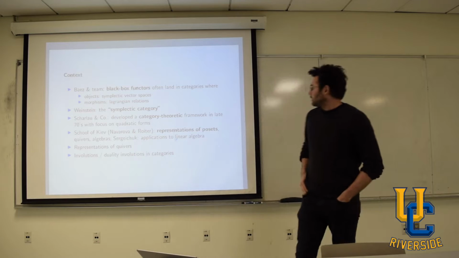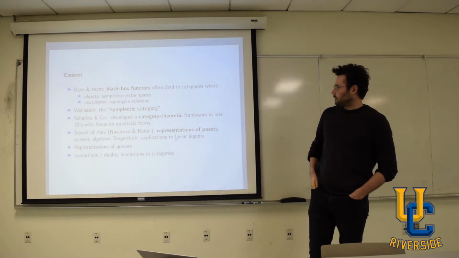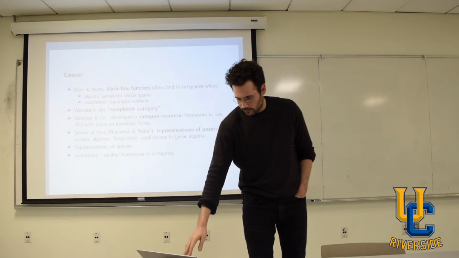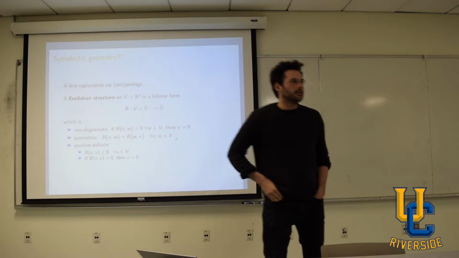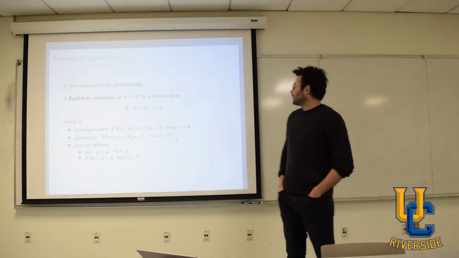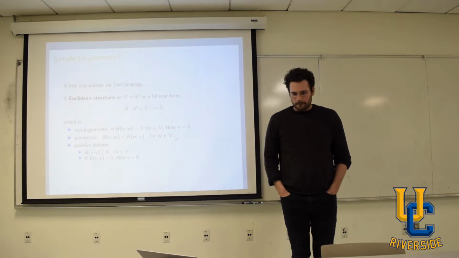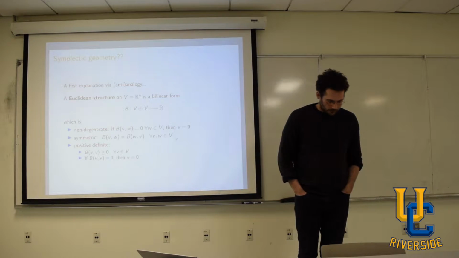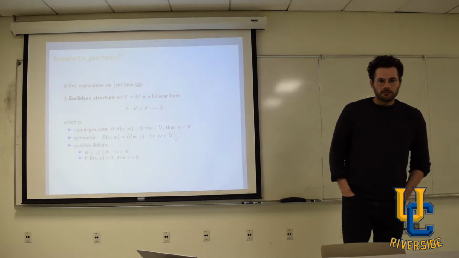The rest of the things I listed here are more just background for people reading the slides, to give a sense of what kind of mathematics is happening in the background. So, symplectic geometry. I tried to think first mathematically how to give a sense of the definition, and I figured everyone is familiar with Euclidean geometry.